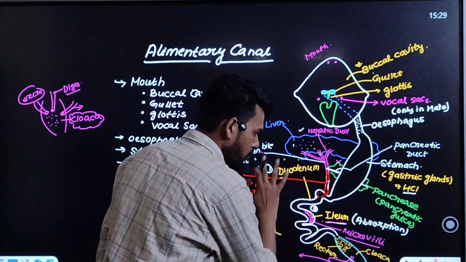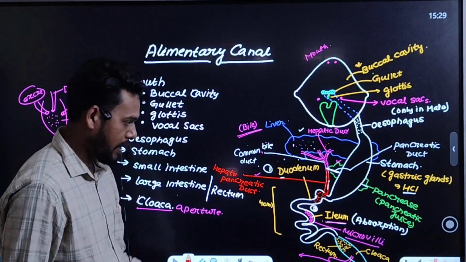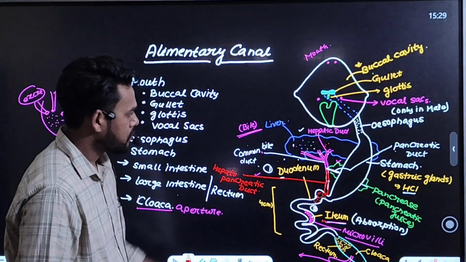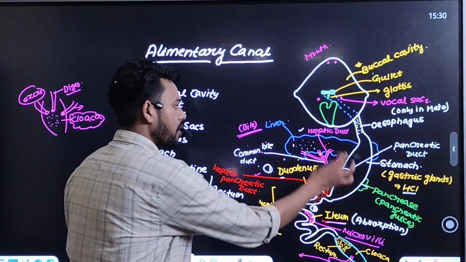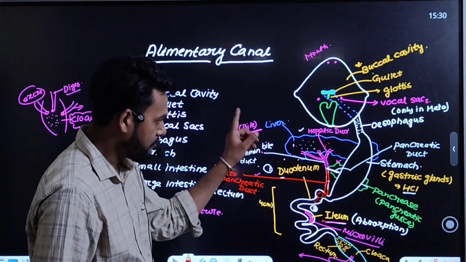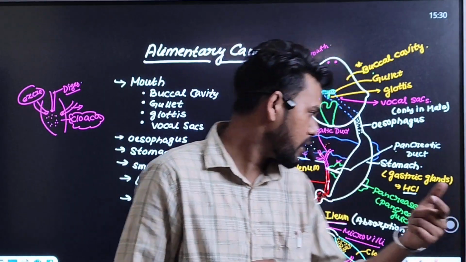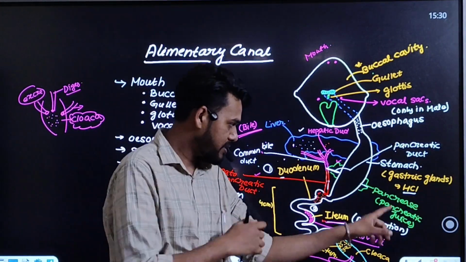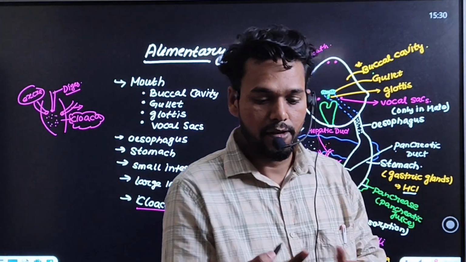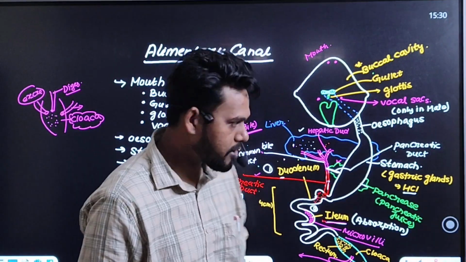Most of the food gets digested in the duodenum, and complete digestion takes place in the ileum. So these are the two important glands, liver and pancreas. The liver secretes bile juice, which is very important for emulsification or breakdown of fat molecules, and pancreatic juice is responsible for the digestion of carbohydrates, proteins, etc.